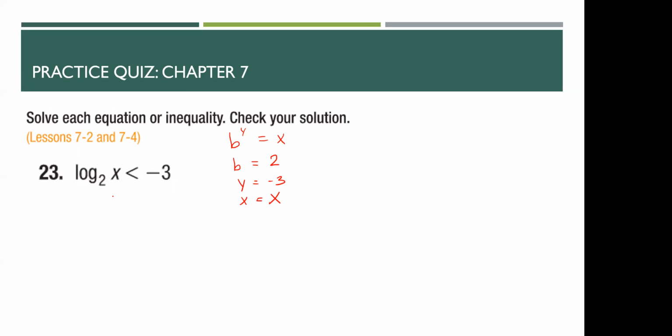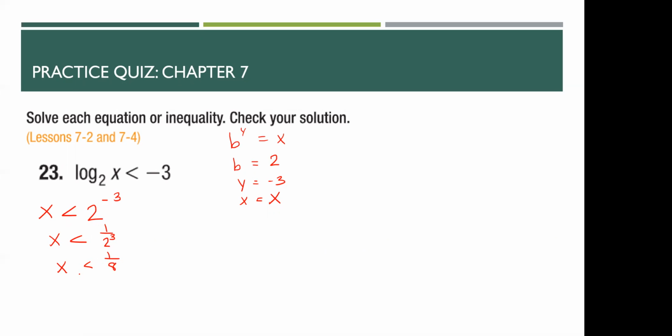So in place of b, I'm going to put 2. My exponent is negative 3, and then I have x over here. So then I have x is less than 2 to the power of negative 3, and that is a fraction. So that's 1 over 2 to the power of 3, and 2 to the power of 3 is 8.